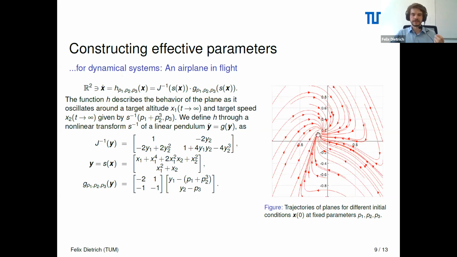But there's always a stable steady state at this particular value here. And what we are asking now is, we have knowledge of P1 and P2, right? Because these are the parameters we can control. And we want to see how they affect the final steady state of the airplane. So the final speed and the final altitude of that airplane.